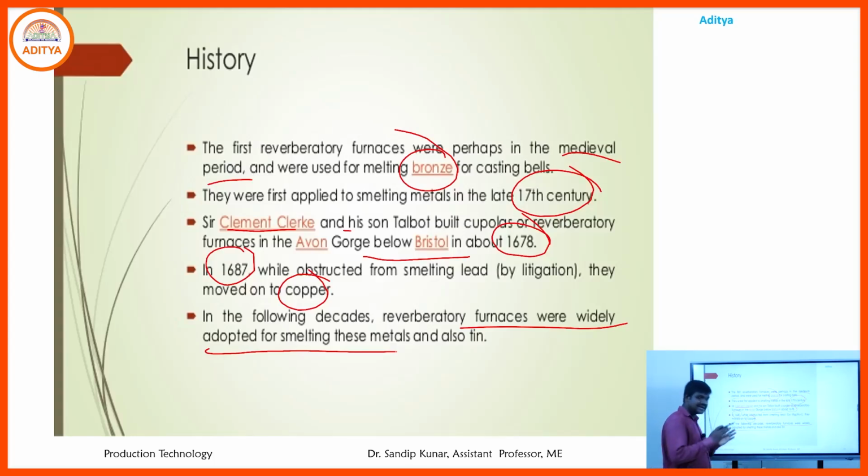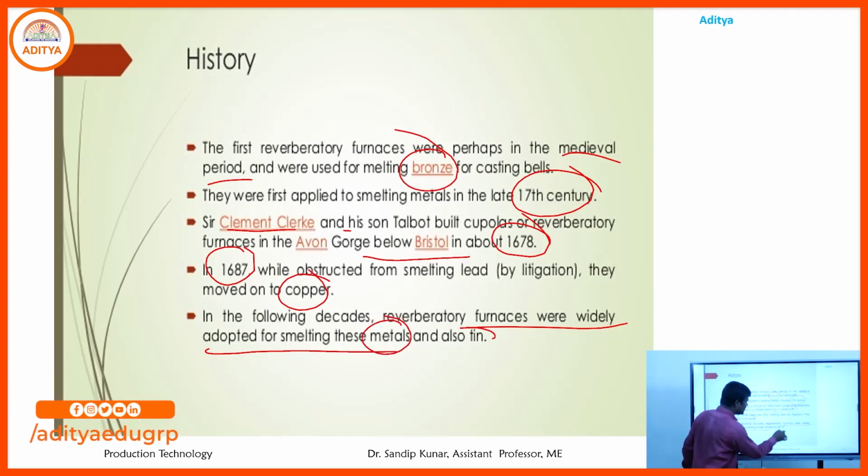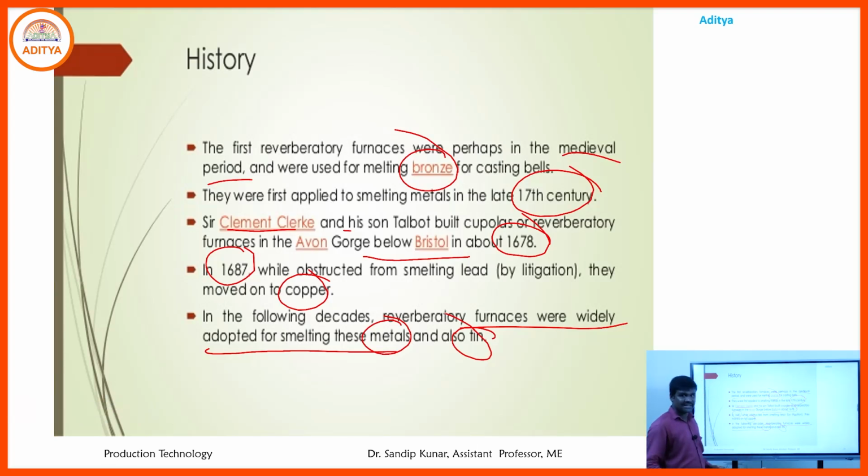In later development we have seen that different metals were melted in that furnace, meaning metals and tin were also melted in it, with some modifications made to the furnace.